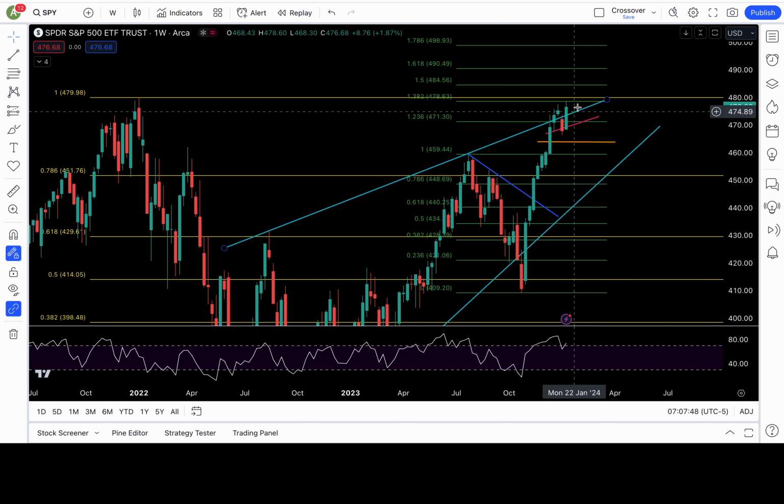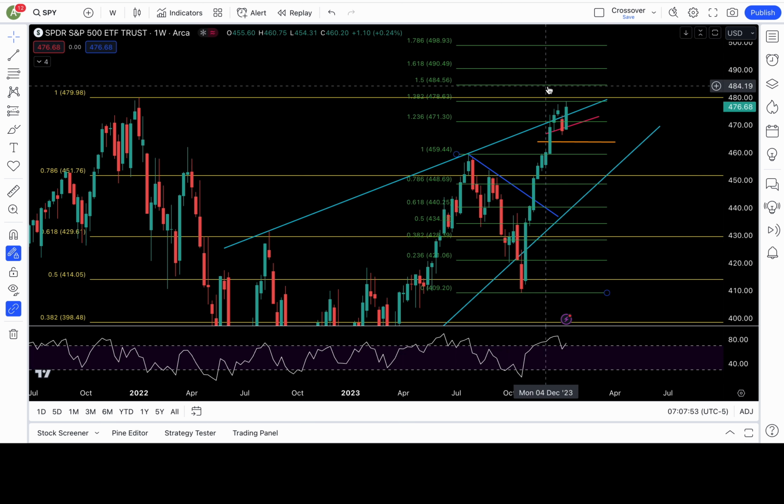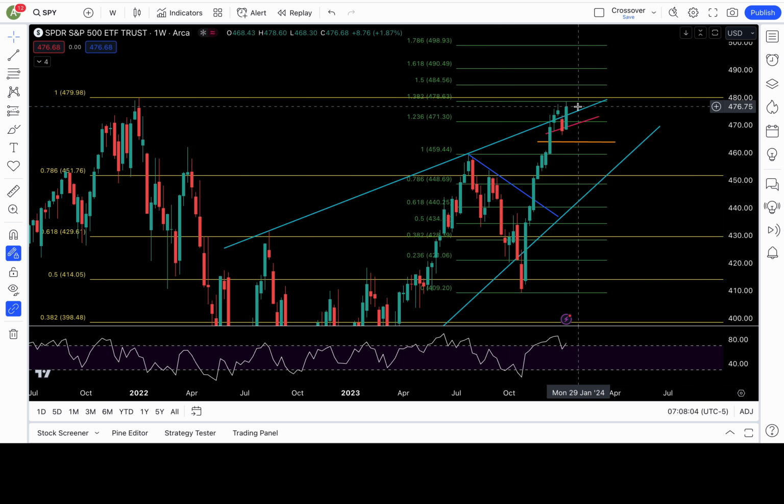And with all-time high, there are no supply or demand zones above. However, I do have a Fibonacci extension level at 484.5, so that's a level of interest to me. And the upside is only possible if 478.6 clears, and that would trigger more upside.